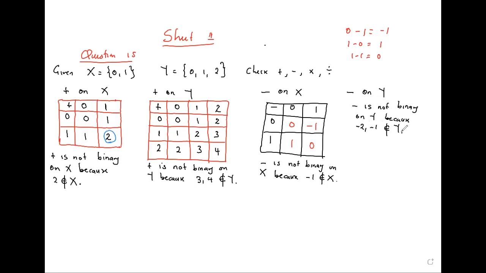Let's go to multiplication. Multiplication on X. So we'll have multiplication here, 0, 1, and 0, 1.